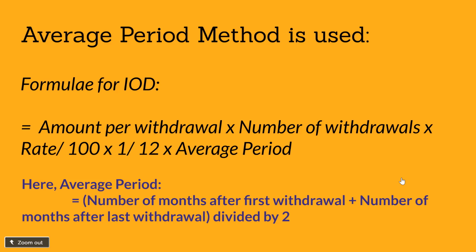We need to add these two and divide it by 2 to get what is called average period. And then on applying this formula, we can calculate the interest on drawings. We will be doing a few example sums to understand how to calculate the average period and use the formula to calculate the interest on drawings.